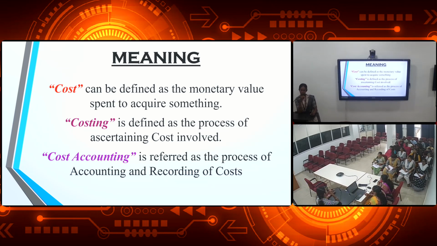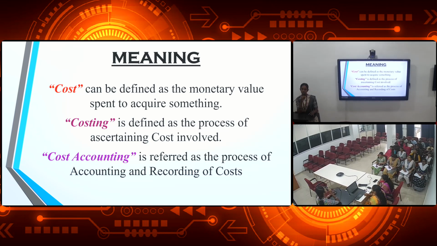Costing is defined as the process of ascertaining the cost that is involved in producing a particular product. Yes, you all accept, right? Cost, costing and cost accounting: there are three different terms in costing. Cost is a particular value of a product, and costing is the thing which we ascertain for the manufacturing of the product, the cost involved in manufacturing the product.